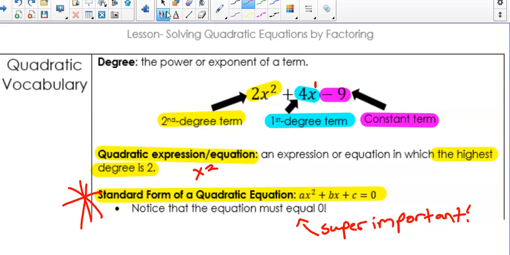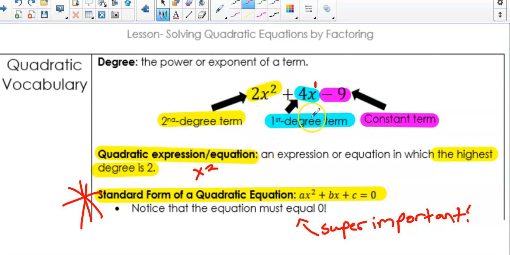Before we get into the solving, we need to go over a little bit of vocabulary here. So first, just a reminder, degree means the power or the exponent of some term. So in our example, if we see 2x squared or 2x to the second power, we would call that the second degree term because the degree is 2.